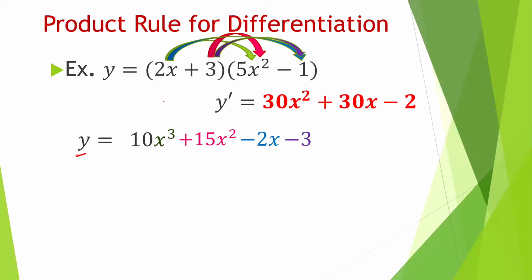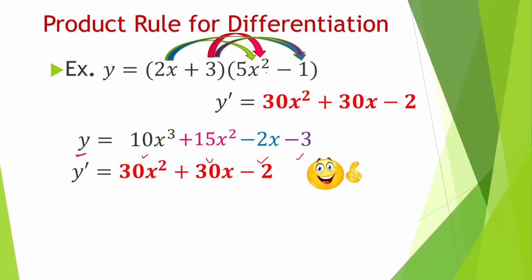So, getting the derivative of the individual terms, kasi plus and minus na yung nagsiseparate sa kanya, pwede na natin itong i-differentiate isa-isa, di ba? Kasi plus and minus na. So, we have 30x squared plus 30x minus 2. And that is the same as the answer we obtained using the product rule a while ago.